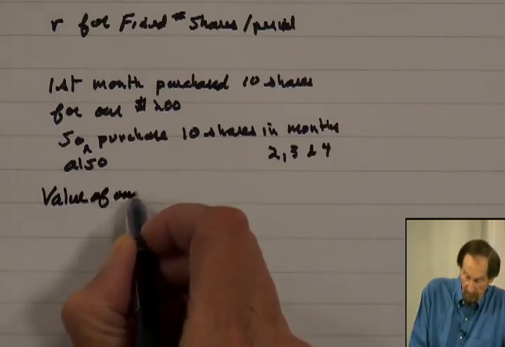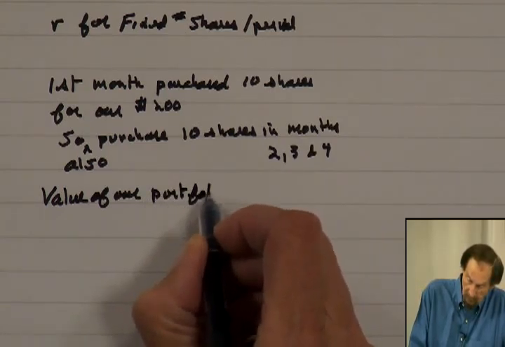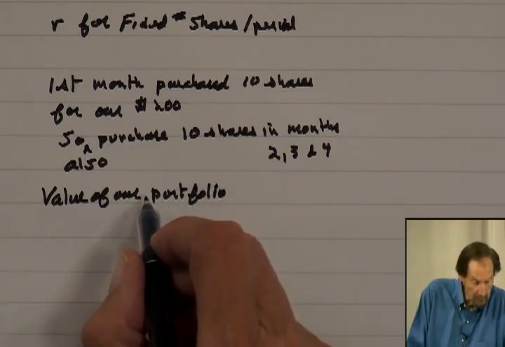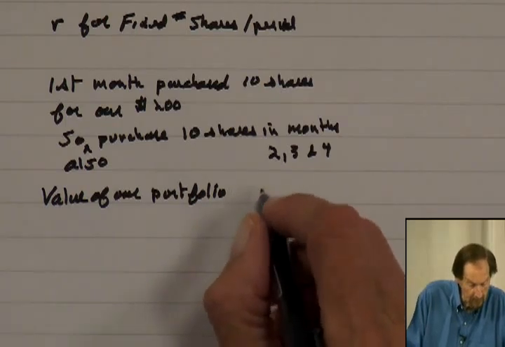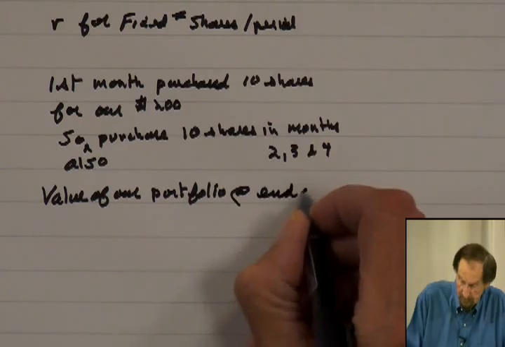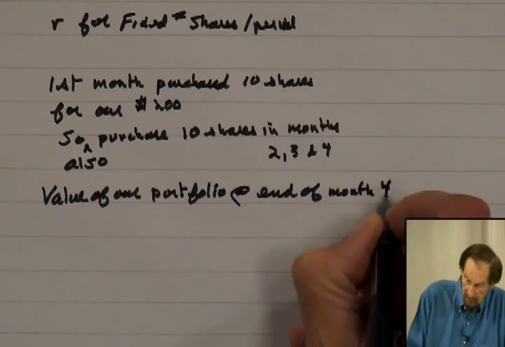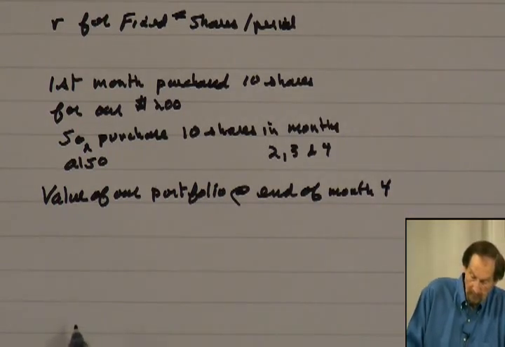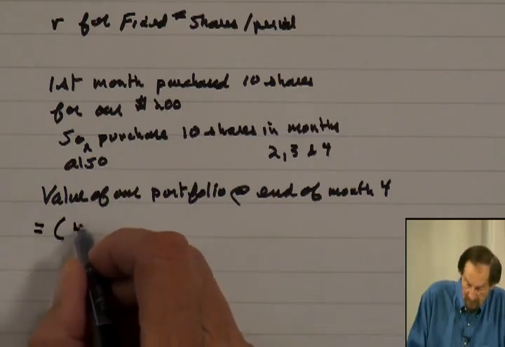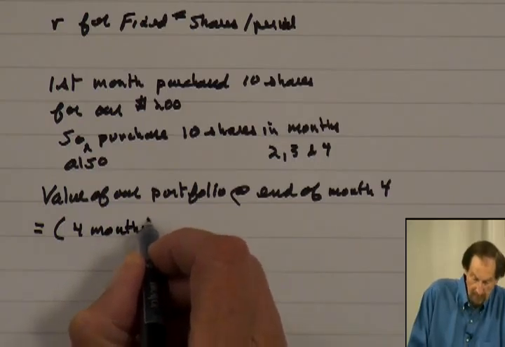of our portfolio at end of period 4. Month 4. Okay. So what do we have? We have 4 months. This is easy to calculate. Times what?